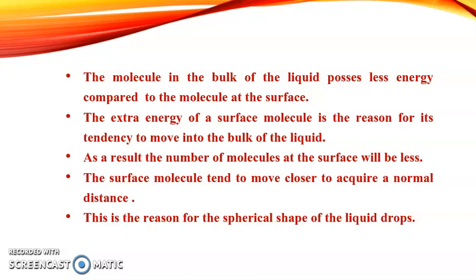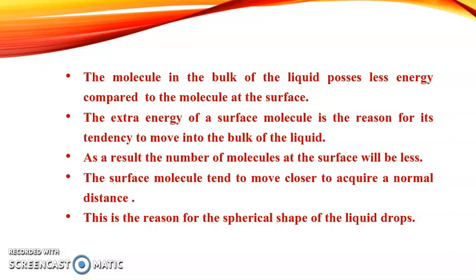So the distance between these surface molecules will be very high, and the surface molecules adjust the distance between them. As the number of molecules at the surface is less compared to the bulk of the liquid, there will be a very high distance between the surface molecules.